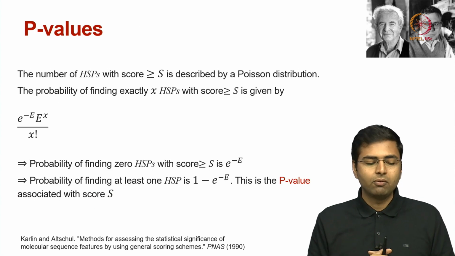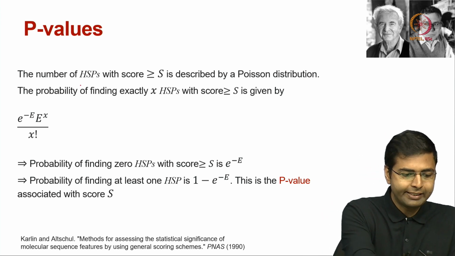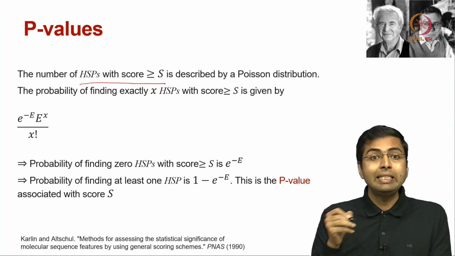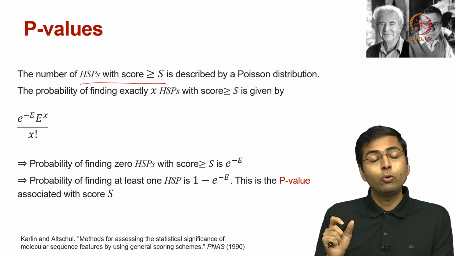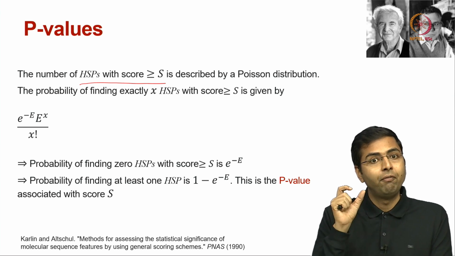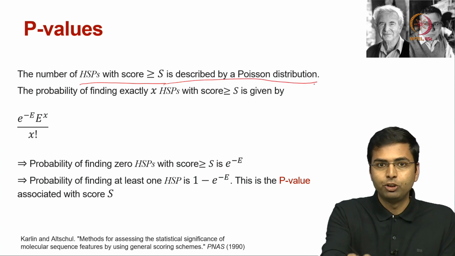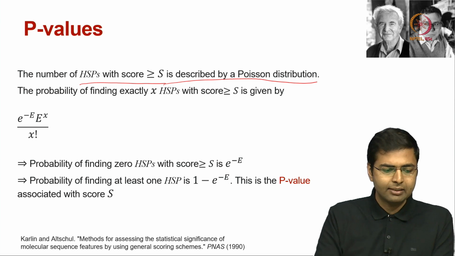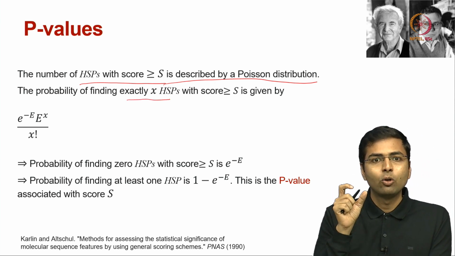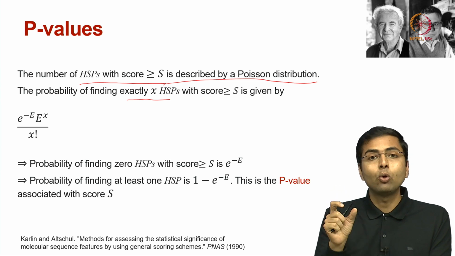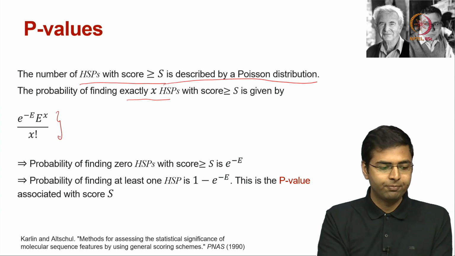One more conclusion that was developed by the authors was about the number of HSPs with score at least S. So now we are not looking at the expected number of HSPs, we are actually looking at the total number of HSPs with score at least S. Then this is described by a Poisson distribution, that is, the probability of finding exactly X number of HSPs with score greater than or equal to S is given by the Poisson distribution given here.